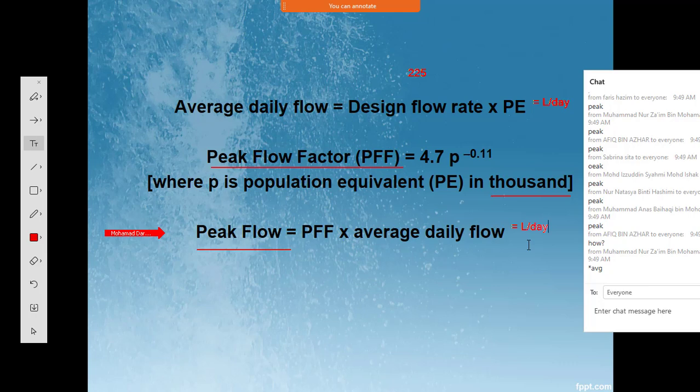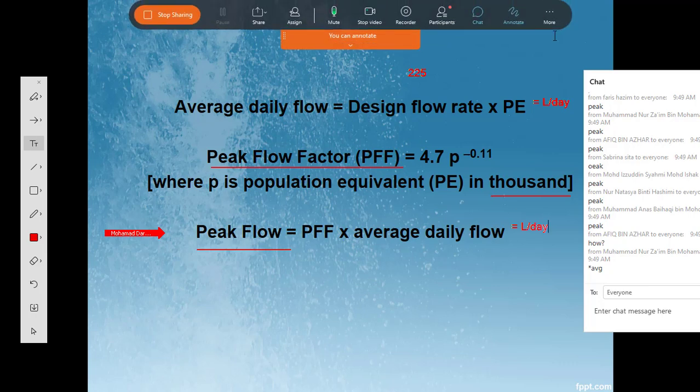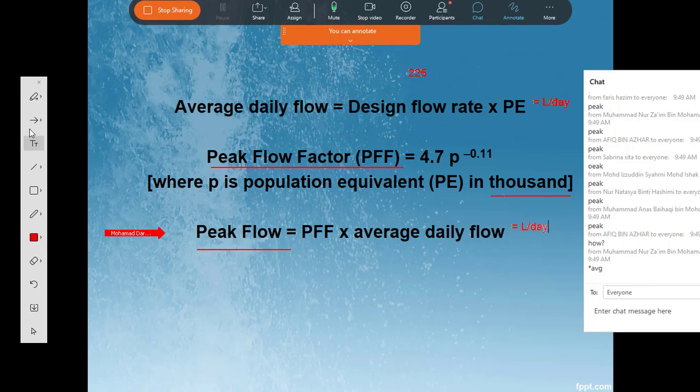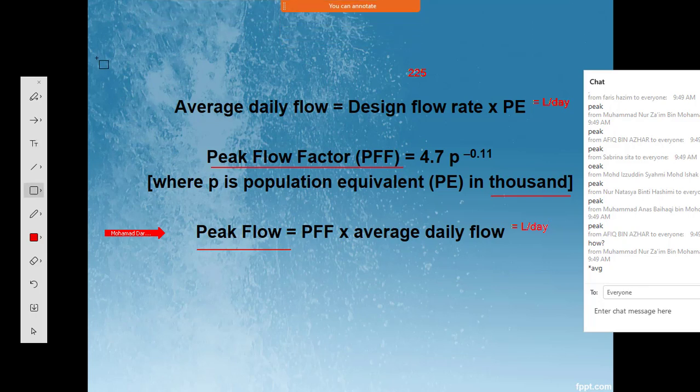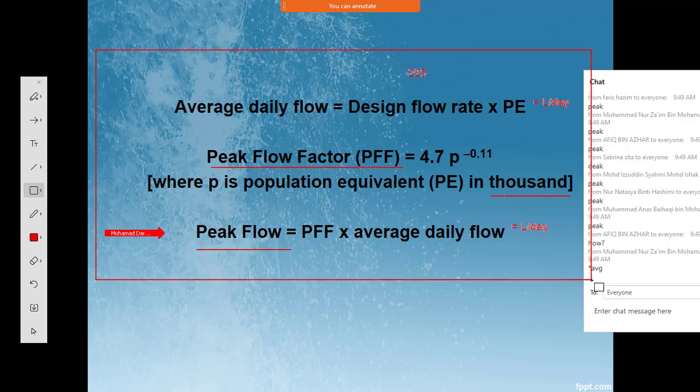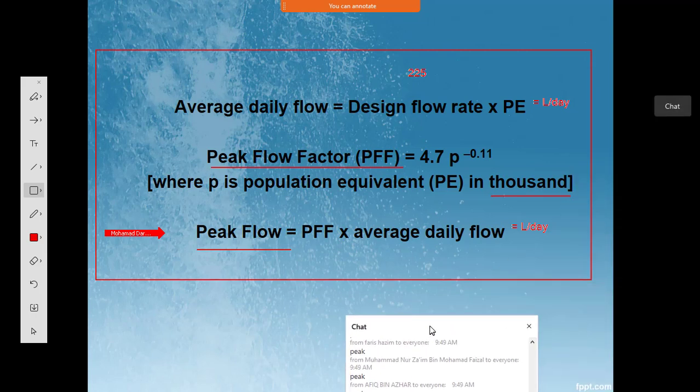Okay, so these are the main calculations related to the estimation of wastewater quantities. Okay, all right, so let's continue.